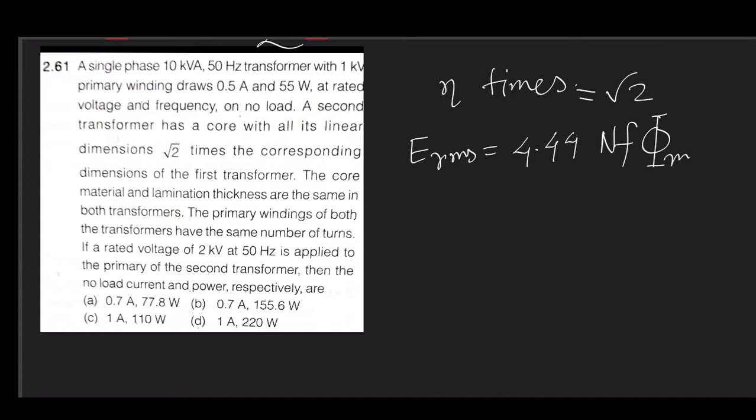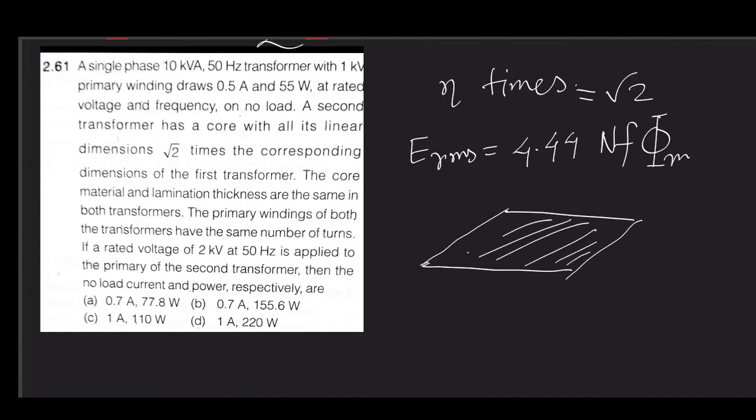Now what happened to this phi m? If you increase all the linear dimensions by n times, then what happened to the cross sectional area? Now if this is the previous cross sectional area, now you are increasing this side by this.